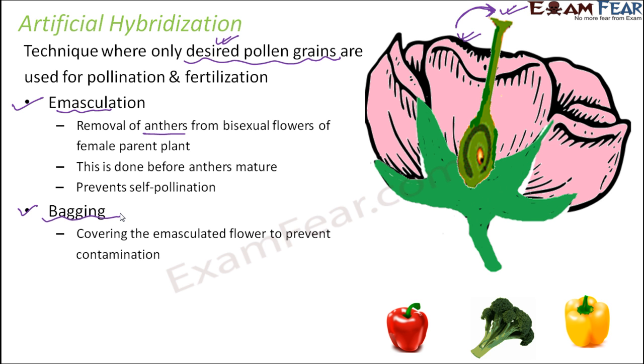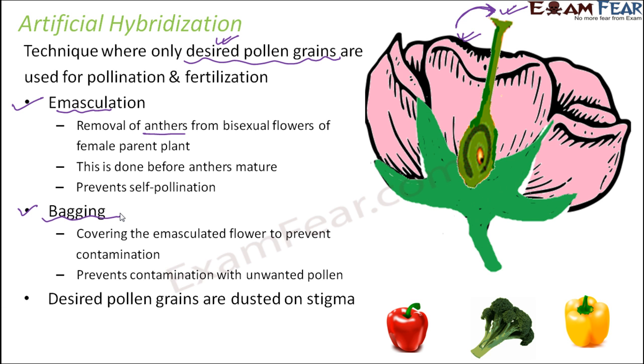We want the fusion to take place with the desired pollen grains. So in order to prevent any interaction with other pollen grains, we cover this emasculated flower with a bag, and this prevents contamination with unwanted pollen. That is why this is called the bagging technique, because of the use of this bag.